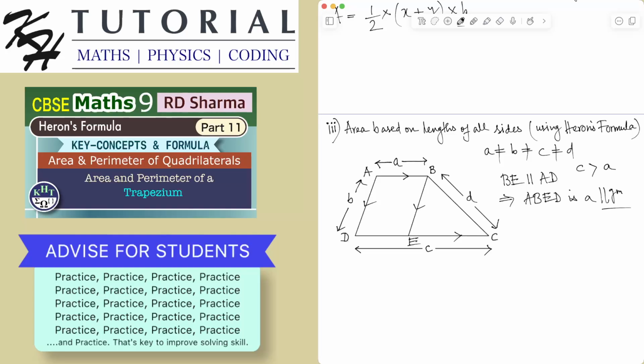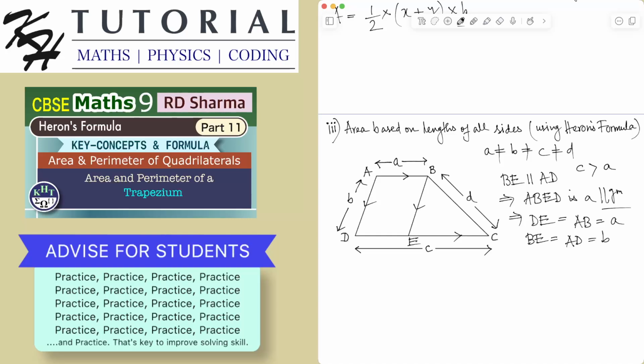So the length of DE will be equal to the length of the opposite parallel side, which is AB, equal to small a. And also BE is equal to AD, which we know is small b. Now in the triangle BEC, we know the length of all the sides, and we can easily find its area using Heron's formula.